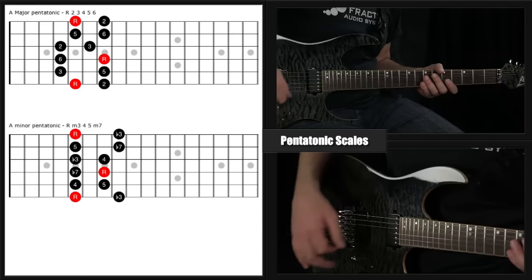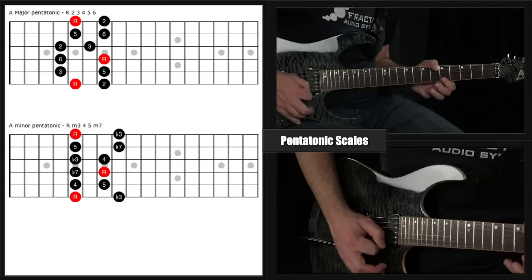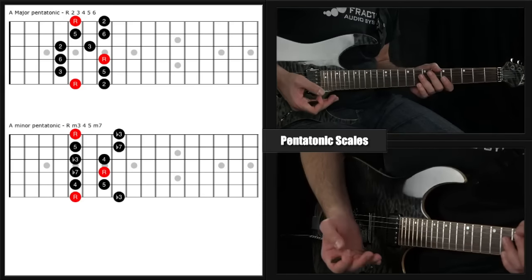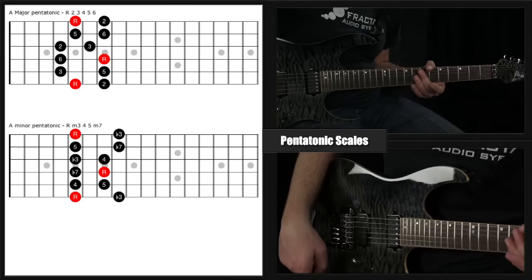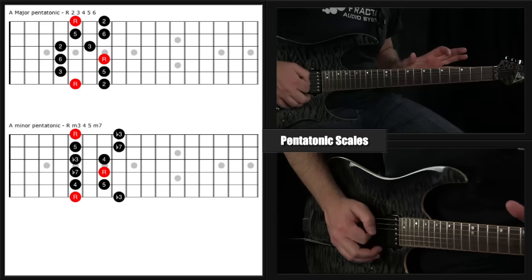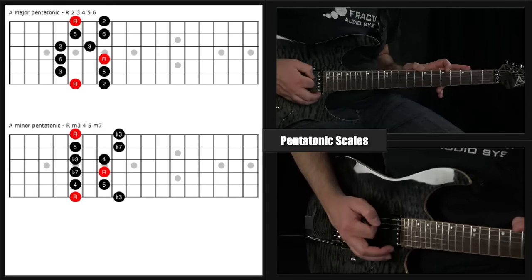So yes, I'm playing more than 5 notes. I'm playing 12 notes. But these notes are just a repetition of 5 unique intervals. Root, minor third, fourth, fifth, minor 7th. So that's a slice of the fretboard that represents an A minor pentatonic scale.